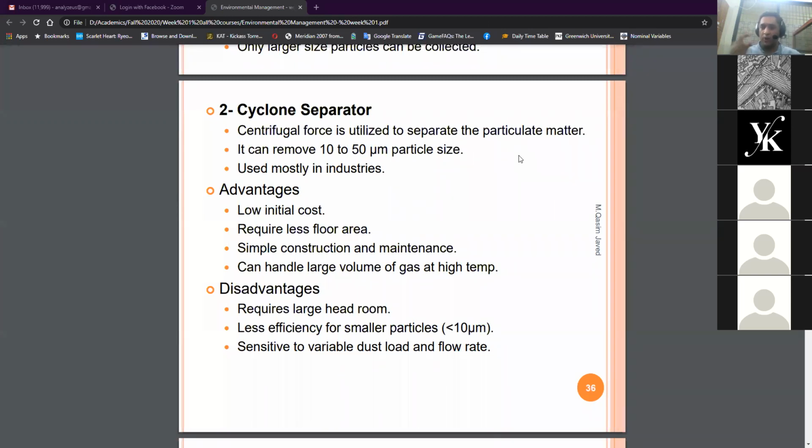When something is spun at fast speed, automatically the power of the spinning motion pushes particles outside. This is called centrifugal force. So the solid particles or the pollutants are pushed out from the basic gas, and those particles can be collected that way. So we use a whirlwind or cyclone movement in which particles are separated from the gases. That's it. It's that simple.